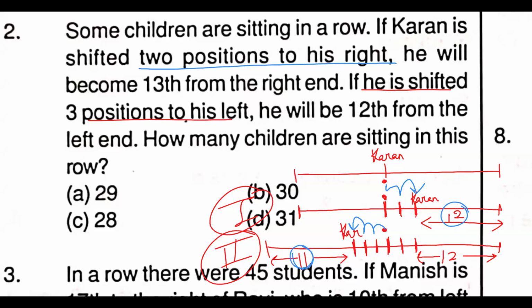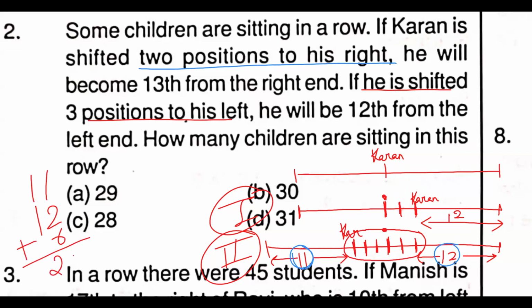And now we have to tell how many total children are there in the row. So what we have to do, we will just add all of these, right? When we add all of these, what we'll get? See, 11 students before Karan, 12 students after, and Karan himself also will be included, right? 1, 2, 3, 4, 5, 6.